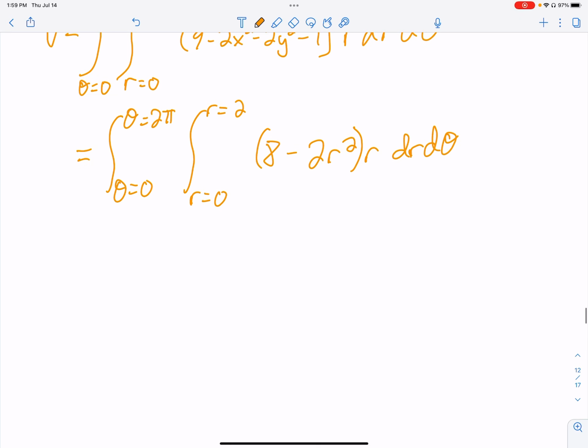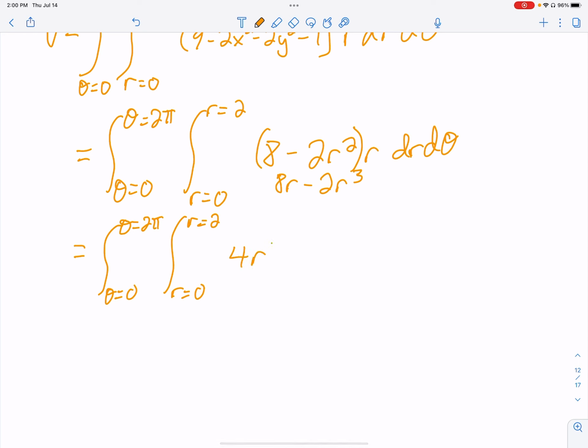Now we can actually evaluate our integral. I have theta from 0 to 2 pi, r equals 0 to 2. Let's multiply this out up here and save us a whole step. I get 8r minus 2r cubed. So if I run that integral, we raise the power by 1 and divide by the new one.